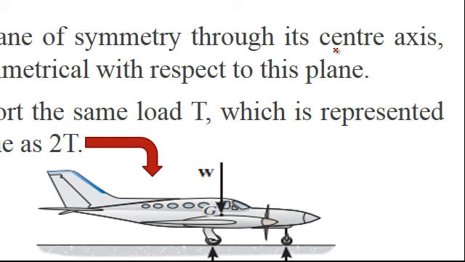This is just an example where you can see there's an aeroplane there, right? In reality, it is in 3D. It has got the X, Y, and Z axis. But we can solve this type of problem in 2D. How do we do that?